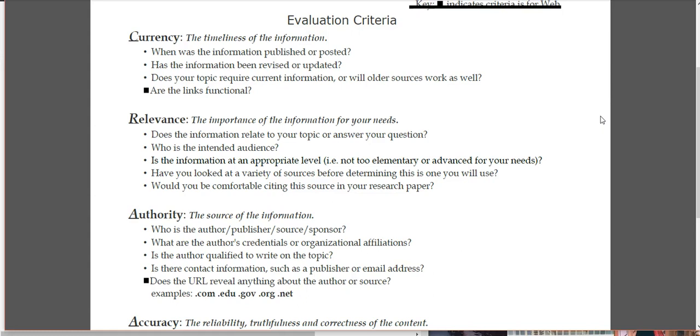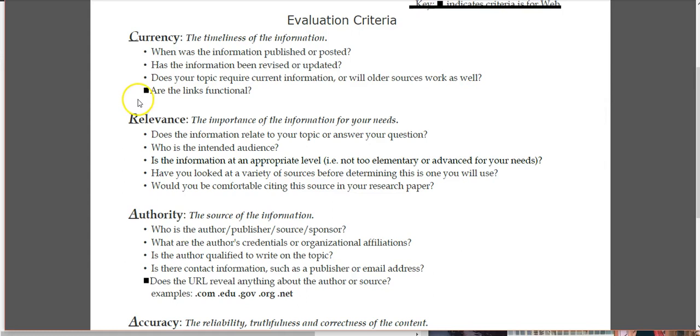For example, if we're looking at food insecurity, if we find a source that is talking about food insecurity in Illinois in the 1930s, is that going to be the type of information that you need, or will you need more current information, let's say from 2015 to today?